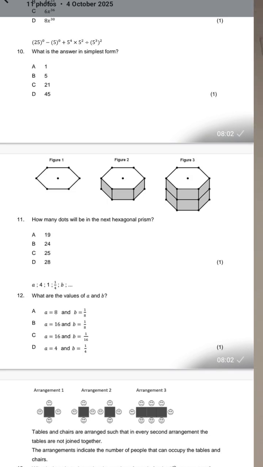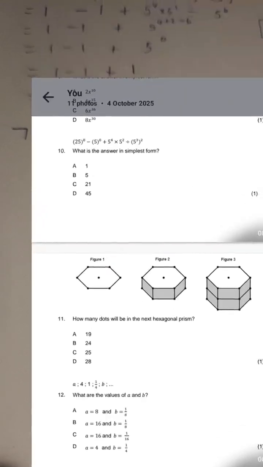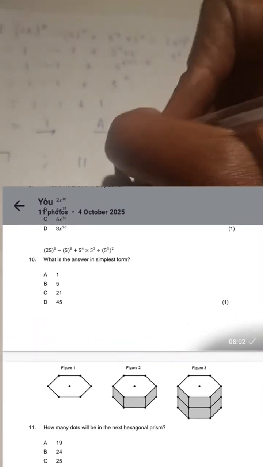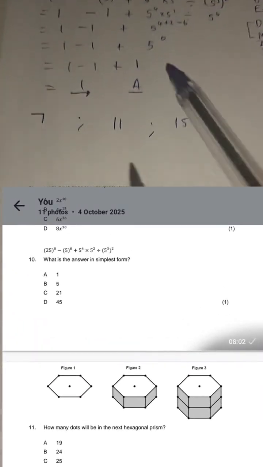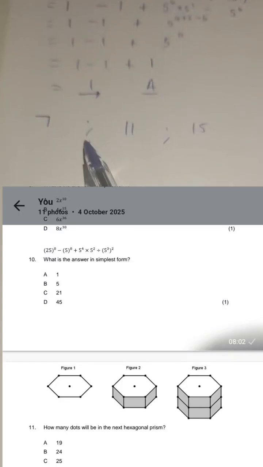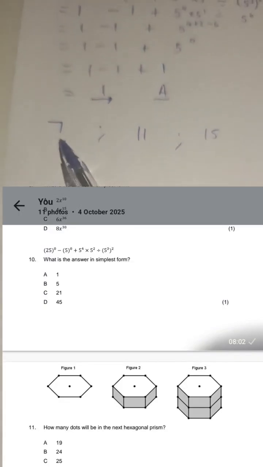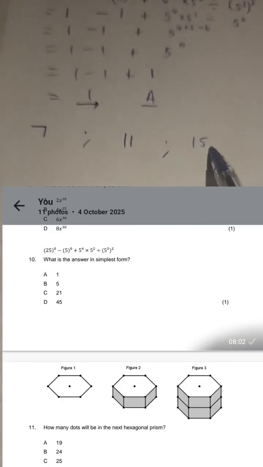Then we move on to the next row, plus 2 gives us 11. And then at the bottom, we have plus 4, which is 15. So 11 plus 4 gives us 15. So we have a number pattern from the figures that we have basically presented of 7, 11, and 15.